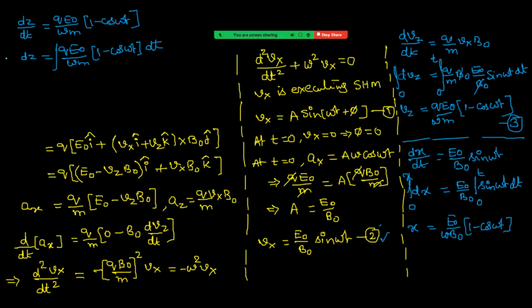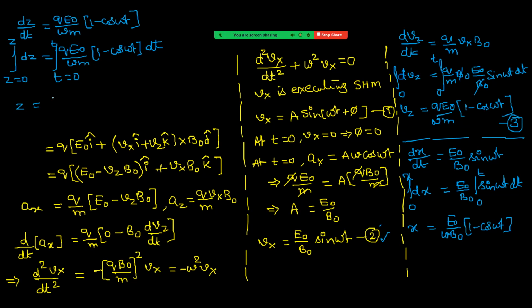Integration of this one. Again, at t equal to 0, z value is 0. At time t, it is now z, which we have to calculate. So z equal to, this is 1 minus cos omega t, it becomes t, right?